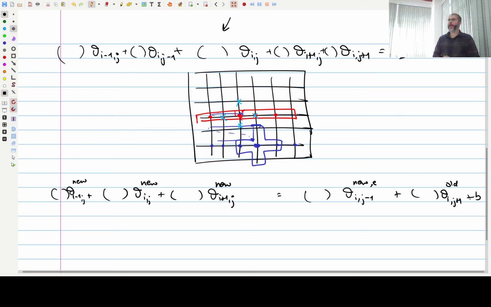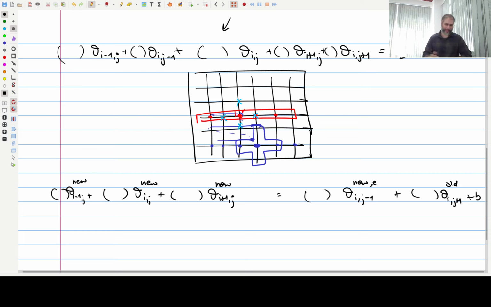So now you see that you have an equation. This equation is for a particular point, so it requires a left and a right point. And now if I write the equations for all the points in that line, I get a system of equations and I can solve them together.